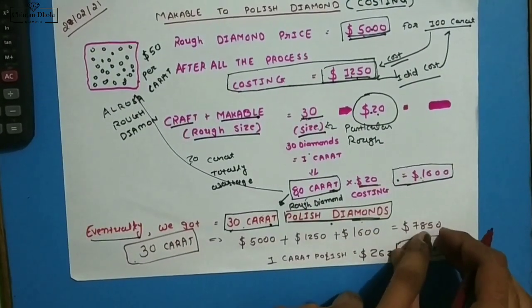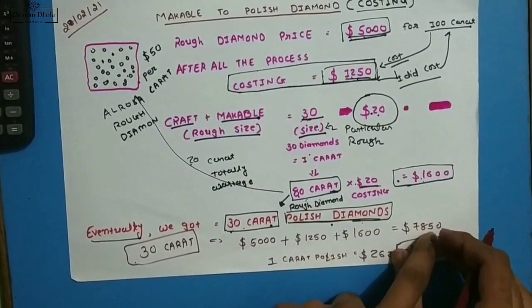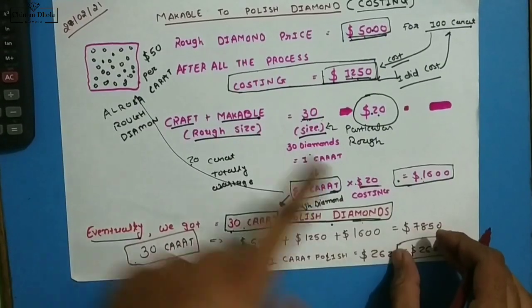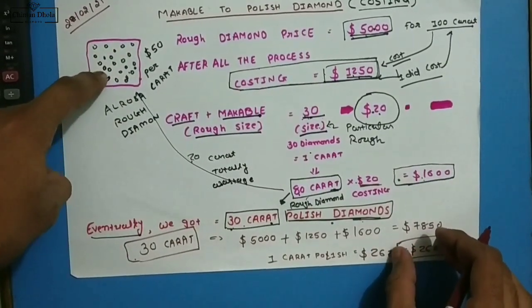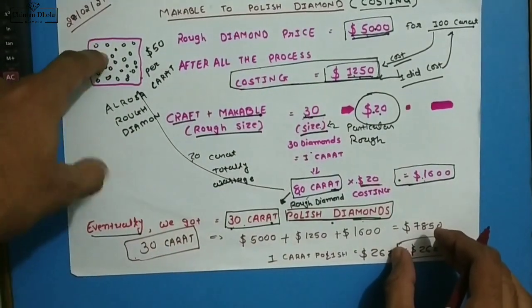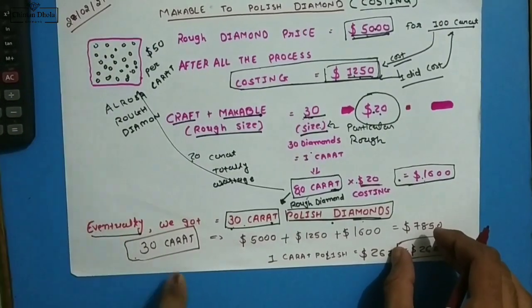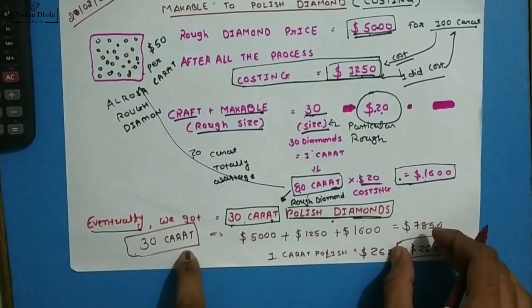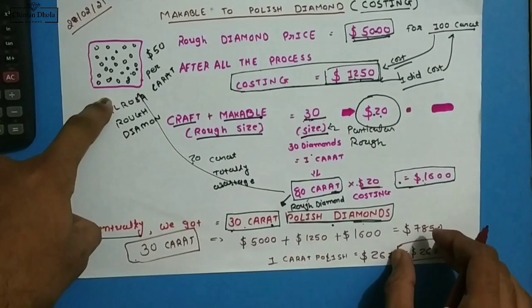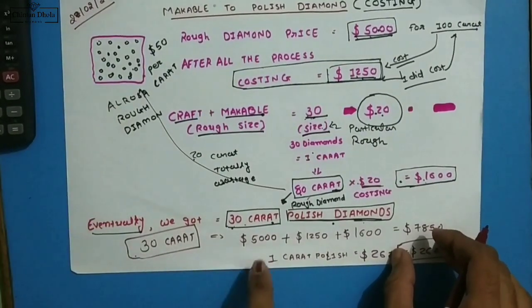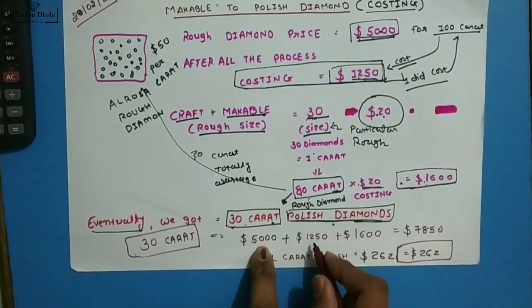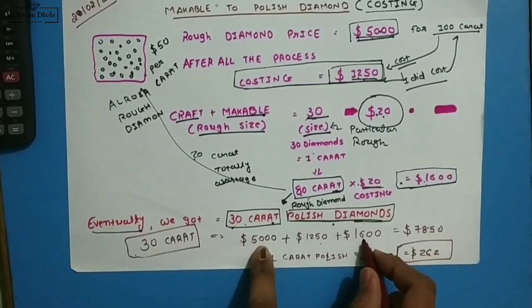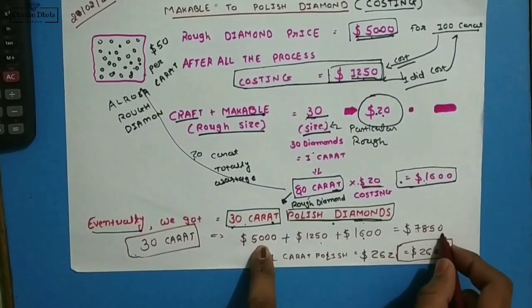After that I get a final costing of $7850 on this particular rough diamond. After that I made polished diamond, and the 30 carat polished diamond I received from this 100 carat rough diamond, and 5,000 plus 1,250 plus 1,600 is equal to $7850.